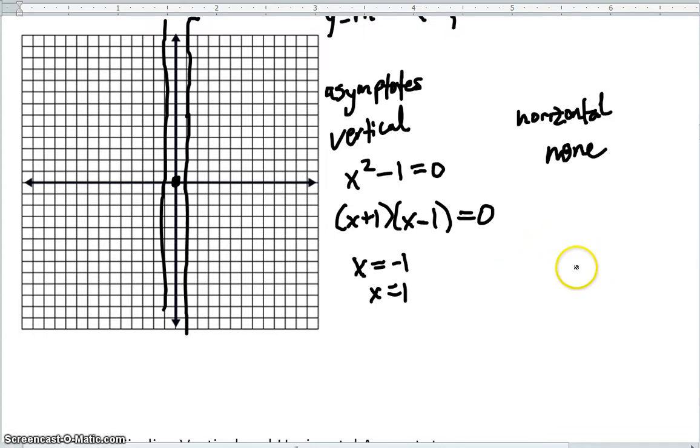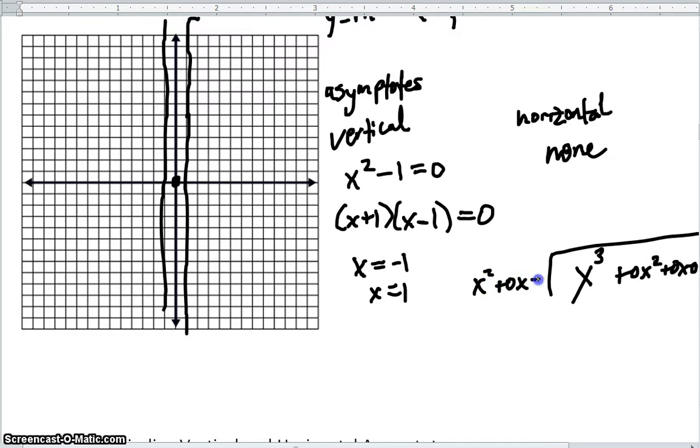So we have to take this and divide it by the denominator, and we are going to get what the slant asymptote is. So I divide x squared into x cubed, and I get x.